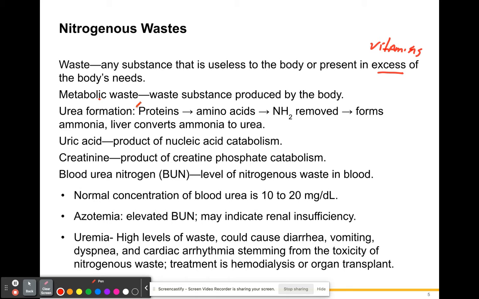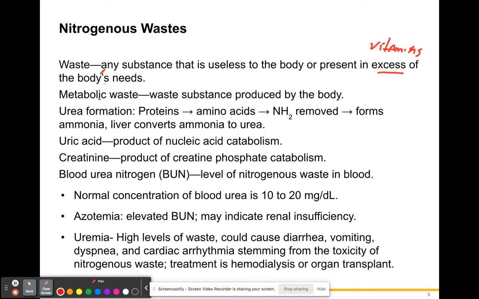If you intake too many, or if you go over that amount of absorbable vitamins, you will not absorb them anymore. It's like if you can only absorb a certain amount of vitamin C in your diet. So if you go over that limit of vitamin C intake, your body will just get rid of it instead of trying to absorb it.